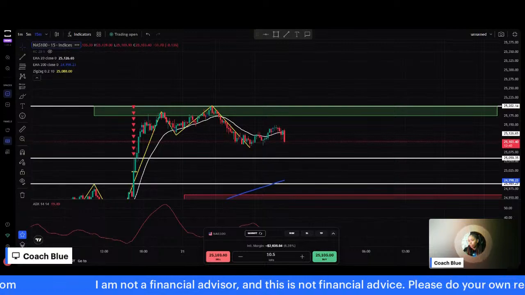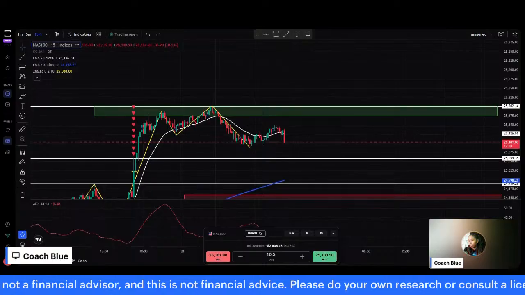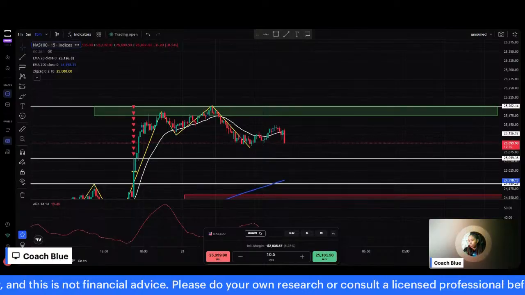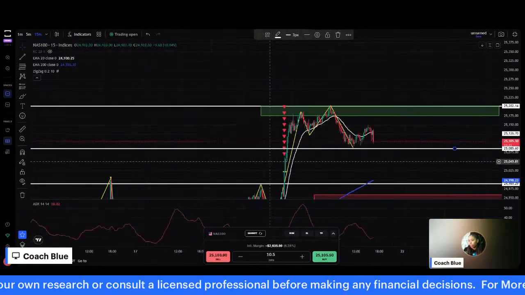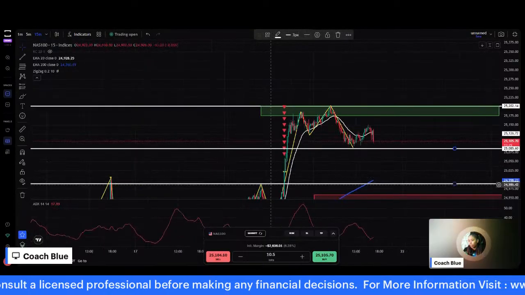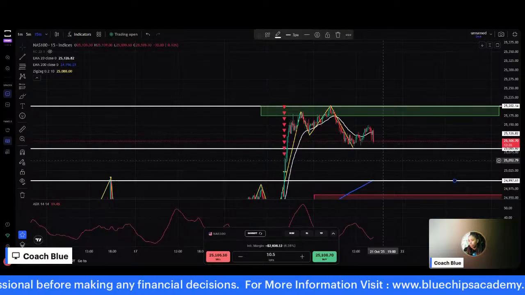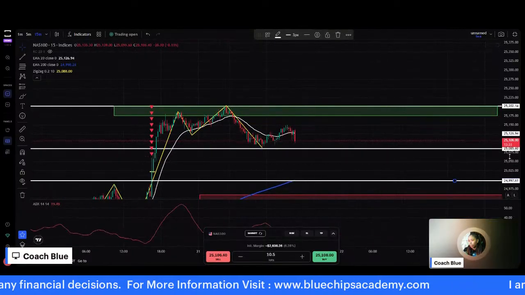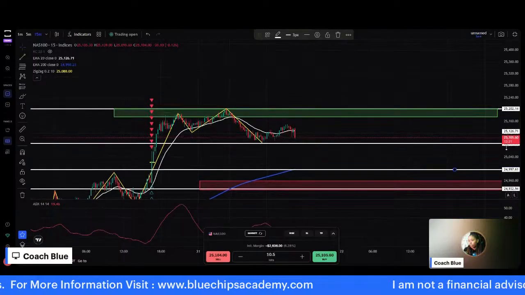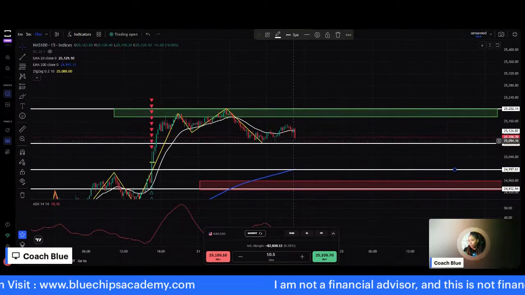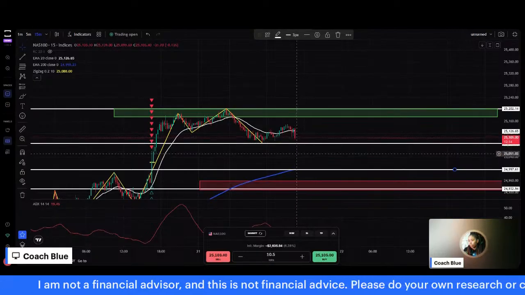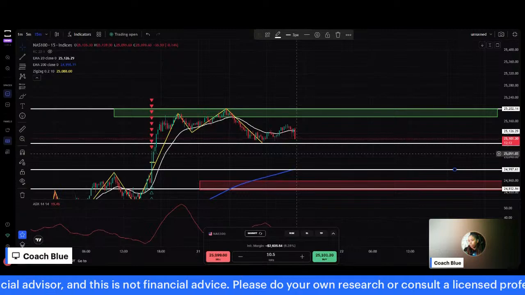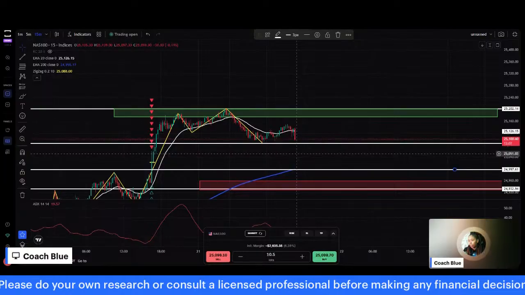Are we coming down to the downside a little bit? Let me tighten this level up. Coming to the downside. Let's see what we get here. Is price going to find support here, or is it going to break through? That's the biggest question right there. What are we going to do here?